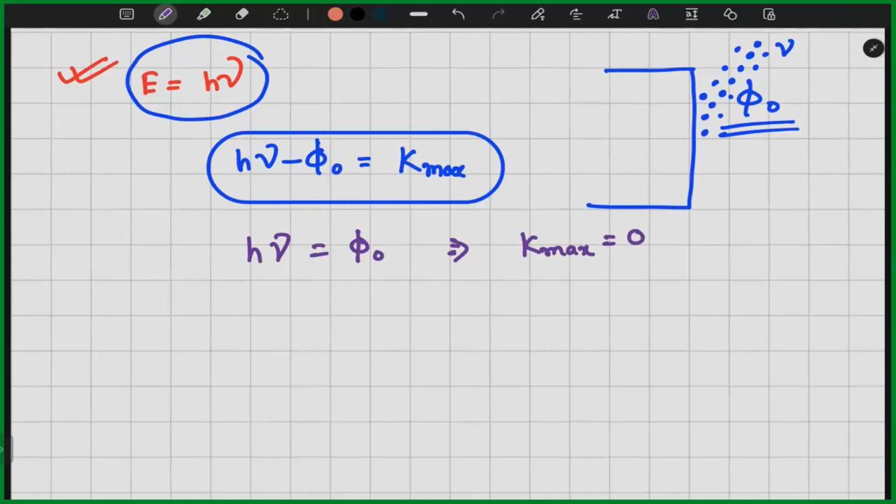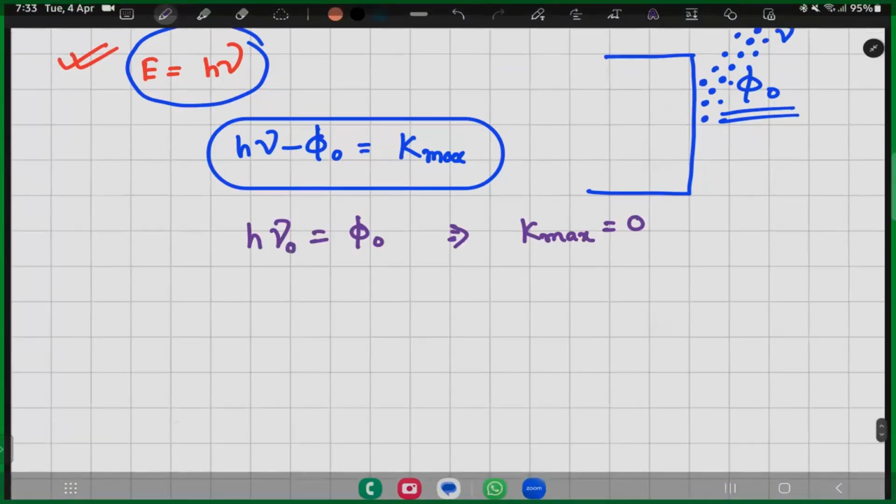Kmax would be 0, right? So the electron can just emit from the metal. It will not accelerate. It has no kinetic energy, because exactly the energy required to escape is given. That means there will be no photoelectric current. This is the condition for the threshold frequency. So this is h nu 0.